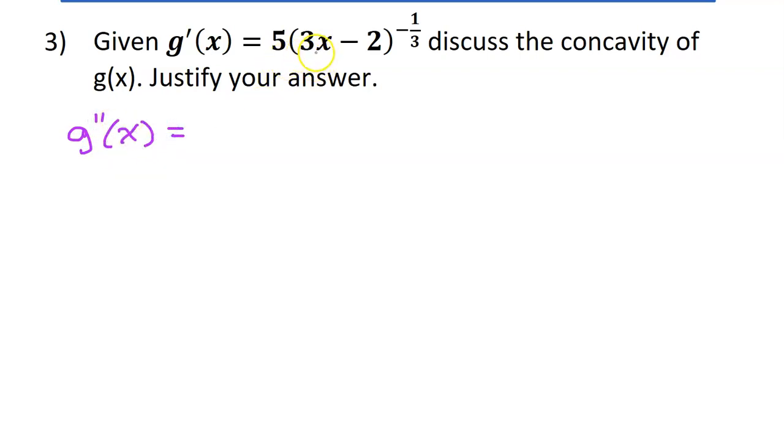So let's do the chain rule. We need to take the negative 1/3 and multiply it by 5. So that will give us negative 5/3 times (3x minus 2), subtracting 1 from this exponent, so I'm thinking minus 3 over 3, so that'll be negative 4 over 3.